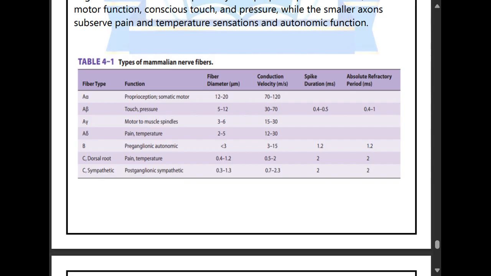So first, let's tackle the first part, which says, is the C fiber also known as the type 4 fiber? It is very straightforward. Anyone to answer that and give us the reason?